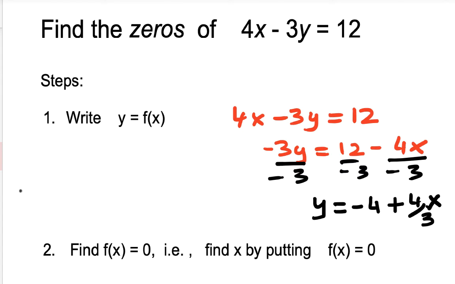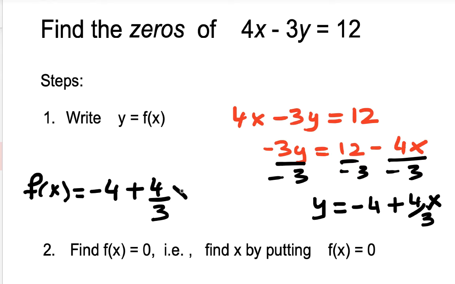So let me write this function here. We get f of x equals -4 plus 4 over 3 x. Remember, the negative and negative will cancel out, and that's why we get a positive here.